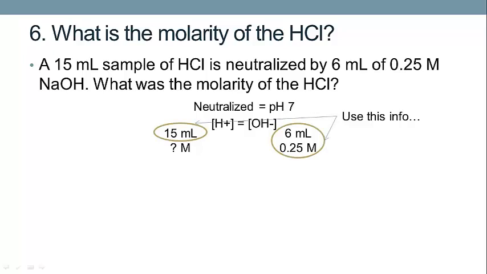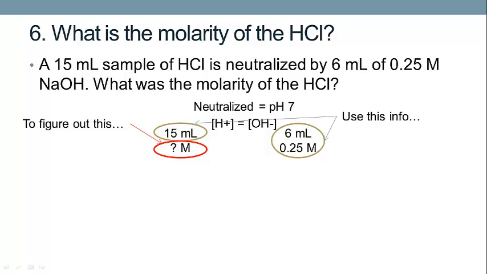So I'm going to use the info that I have about the acid and the base to figure out what the concentration of the acid is. I know that I have 6 milliliters of 0.25 molar base, and I have 15 milliliters of an unknown molarity acid.